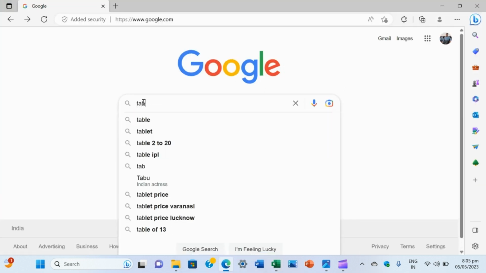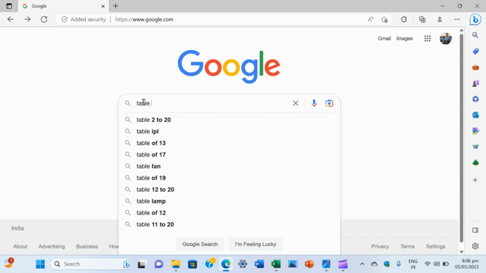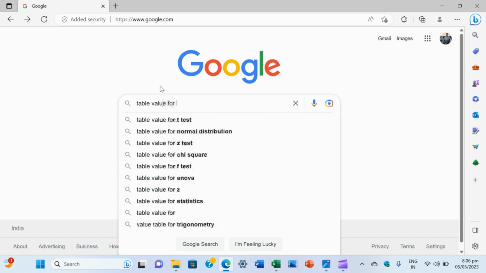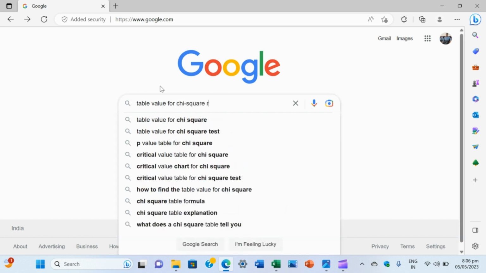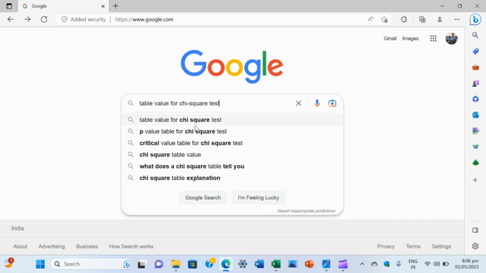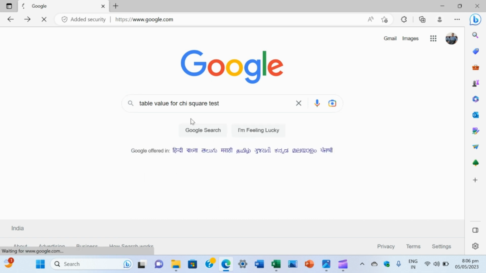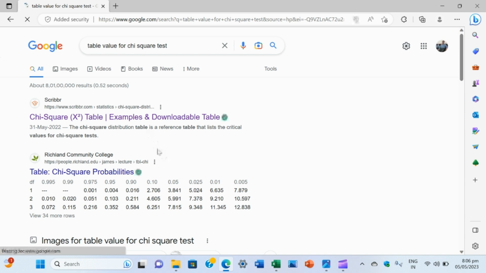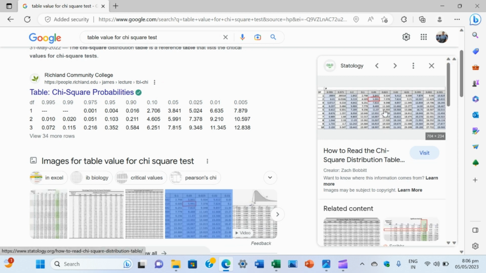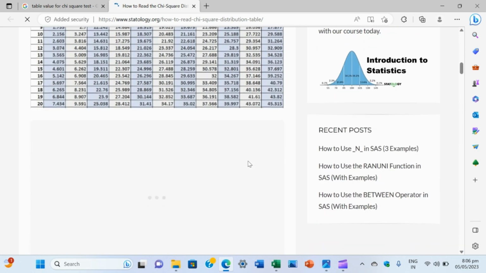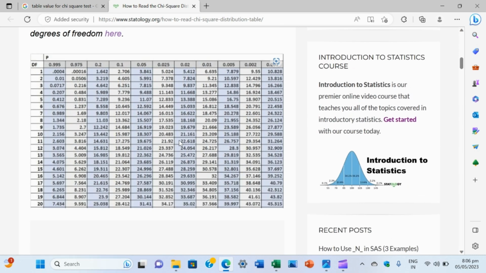table value for chi-square test. We search it in Google, and we find this value, and we can check it from this table, and we check this value, and what we see.